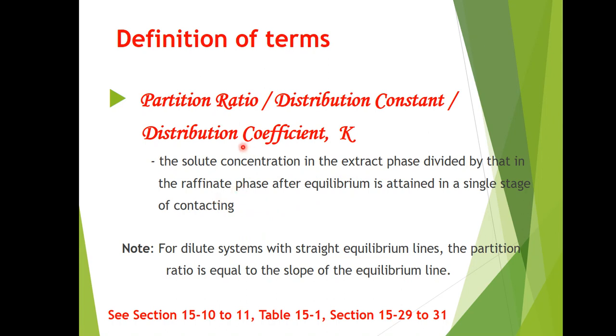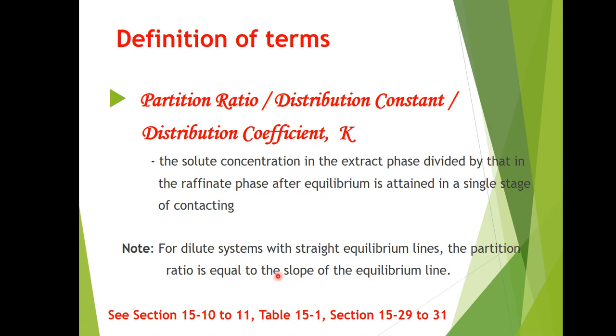So the distribution coefficient is simply the ratio at equilibrium of the concentration of the component we are interested in, let's say component A, in the extract divided by its concentration in the raffinate at equilibrium.